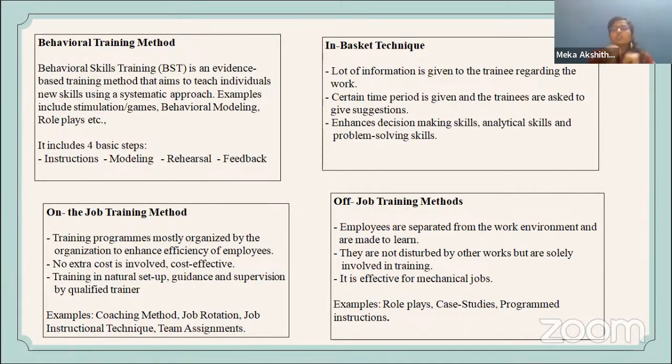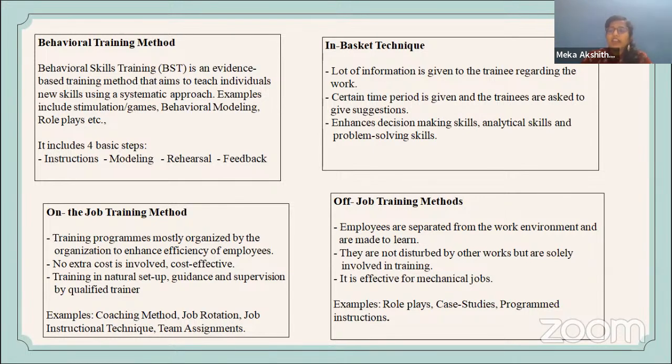Then I would use role plays wherein I would pick two of the members from the class, and I'll give the role of counselor to one individual, and ask the other individual to play the role of client.